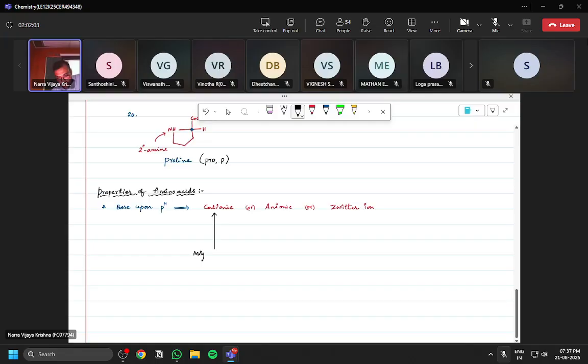Cationic amino acids will migrate towards the cathode. Correct? Cations will migrate towards the cathode, which is negatively charged. Anionic amino acids will migrate towards the anode.